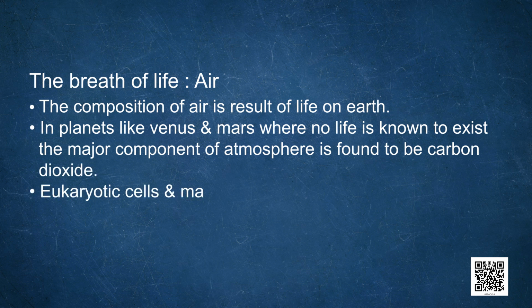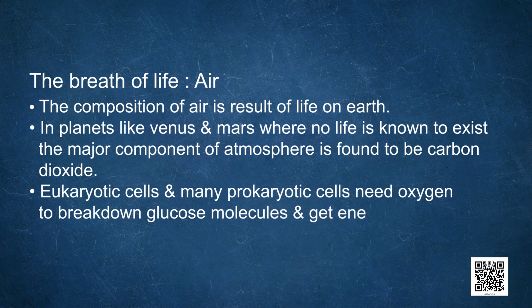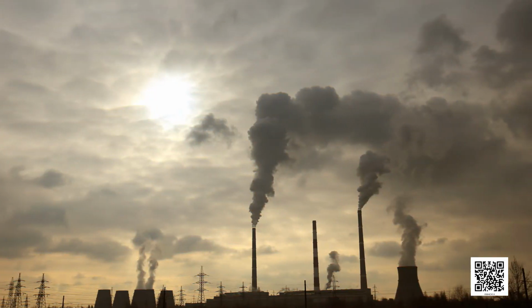Eukaryotic cells and many prokaryotic cells need oxygen to break down glucose molecules and get energy for their activities. Another process which results in the consumption of oxygen and the concomitant production of carbon dioxide is combustion.